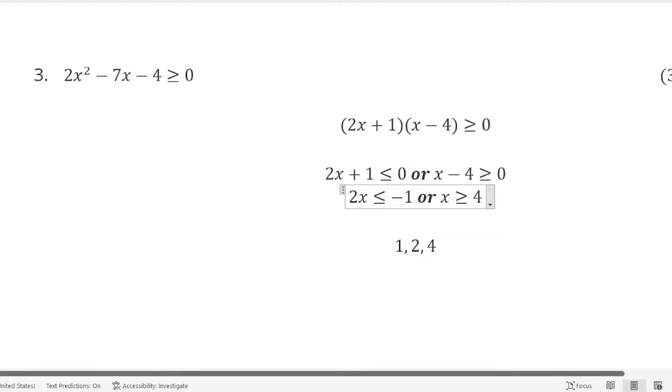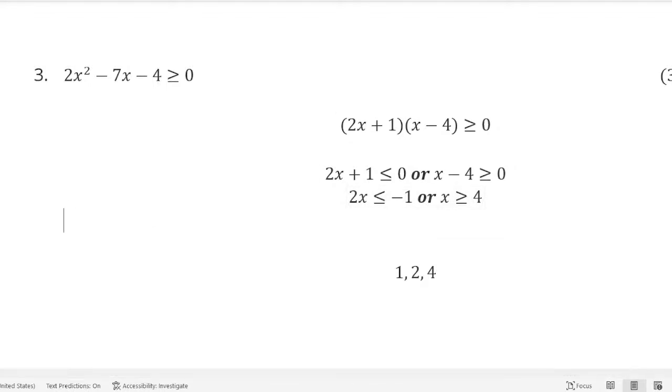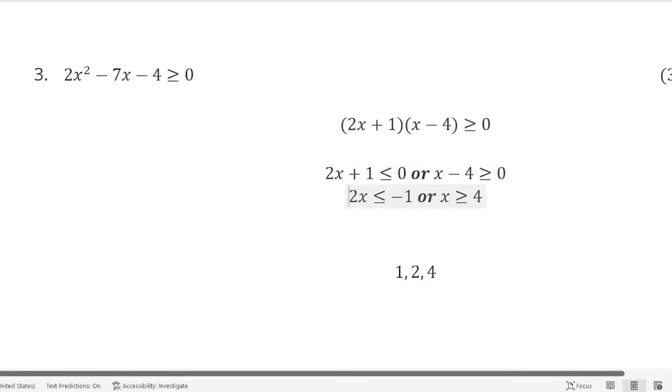Then let's just simplify it. Remember, here you're going to divide by the coefficient of x so that you get the root of 2. So the coefficient of x here is 2, so we're going to divide the left hand side by 2 and the right hand side by 2.